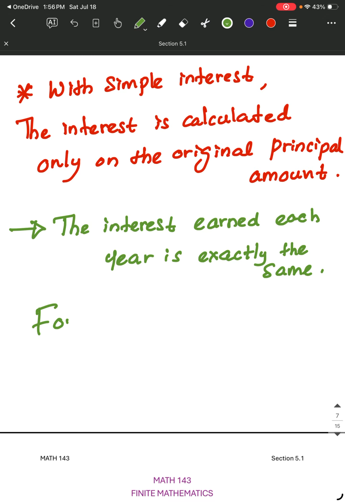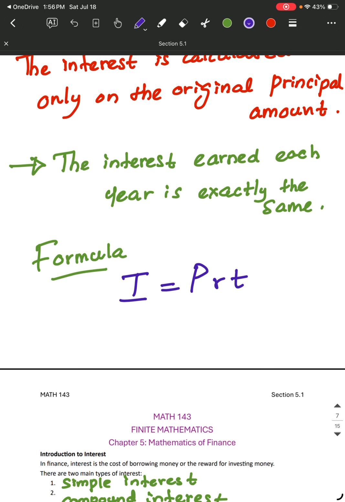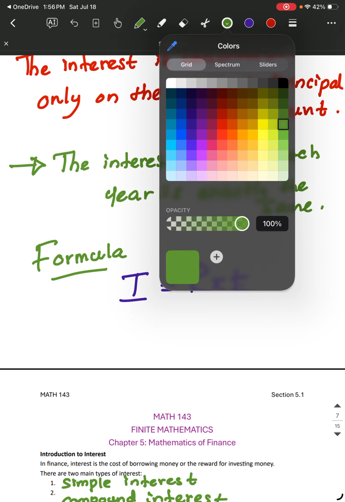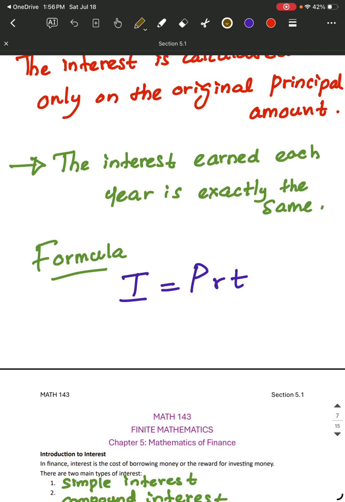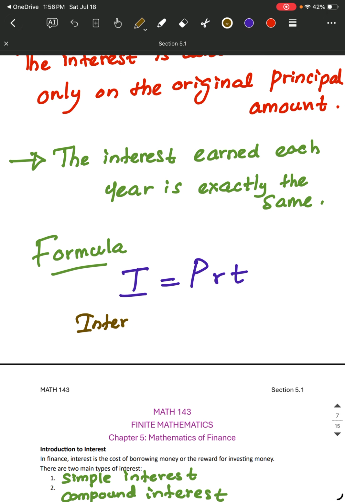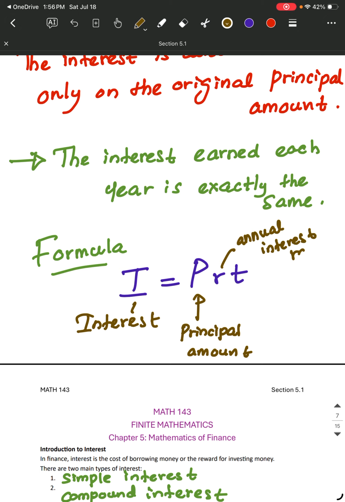So the formula is I equals P times R times T, where I is the simple interest, P is the principal amount, R is the annual interest rate, and T is the time in years, right?